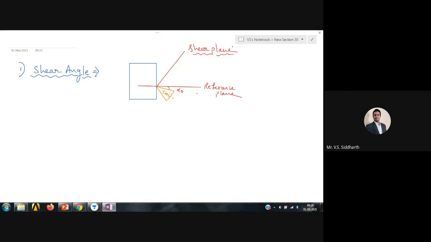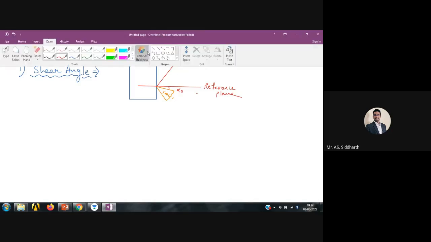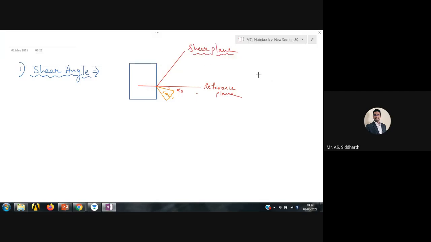Okay. Now all of you pay attention here. I'm explaining about the shear angle. Before understanding the shear angle, you should first understand the cutting velocity vector. So what is this cutting velocity vector?